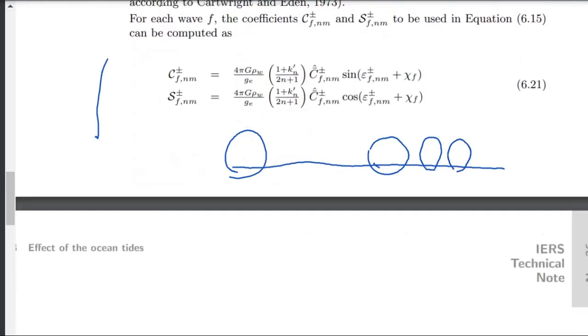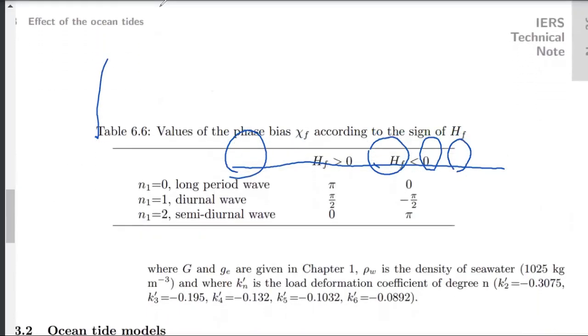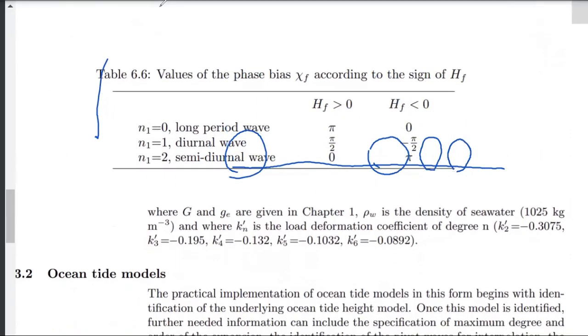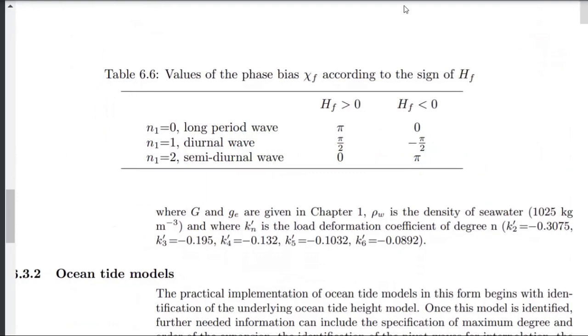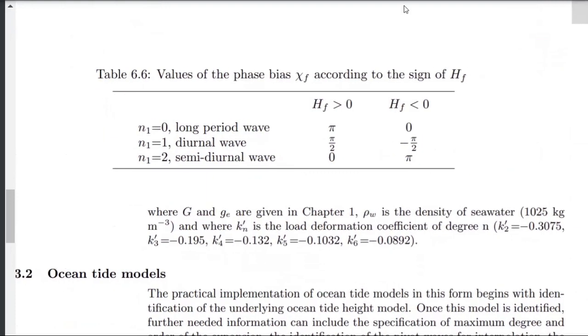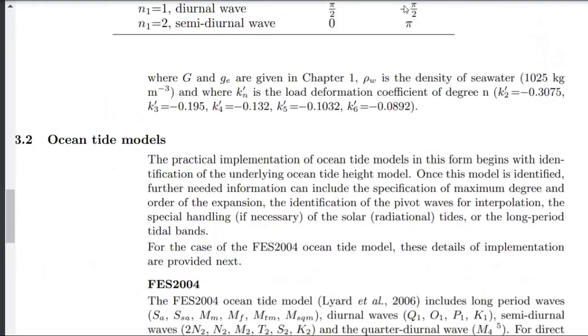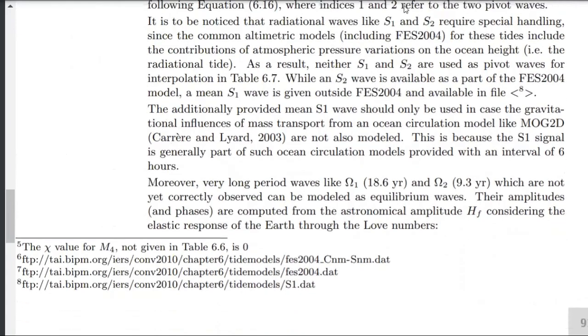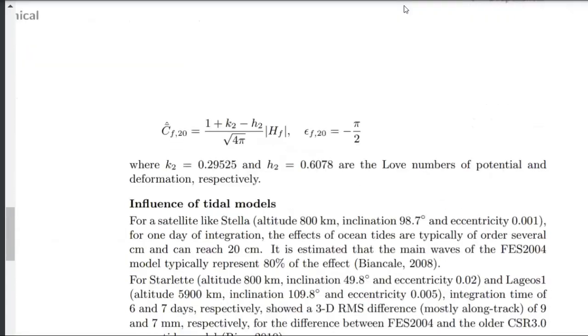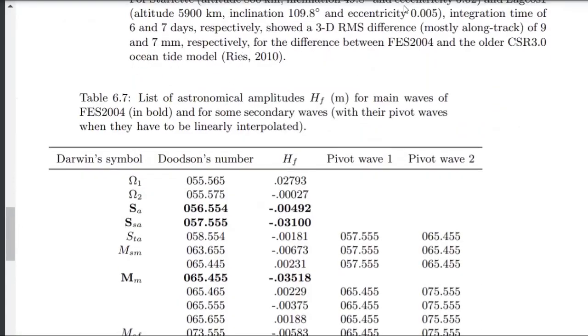You see, based on this phase bias, it's called phase bias, we can determine that. The ocean tide models, you have different ocean tide models. You can use this for computing them.